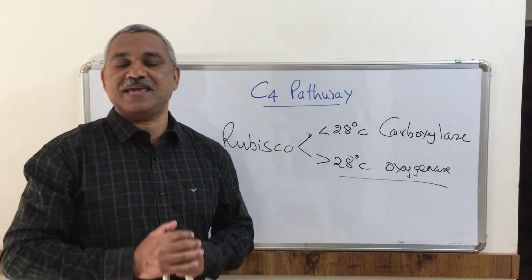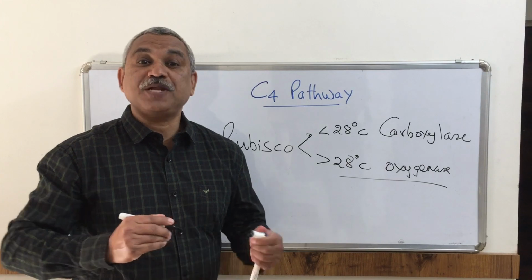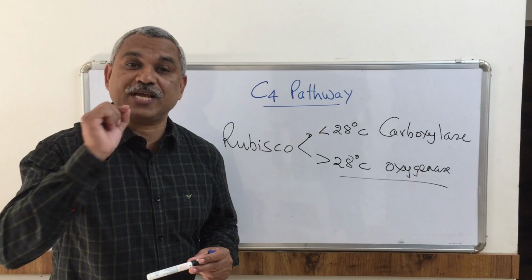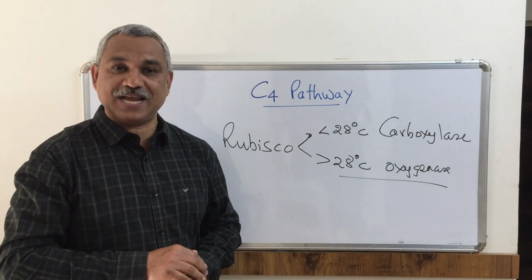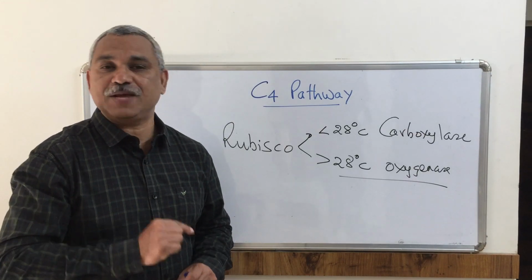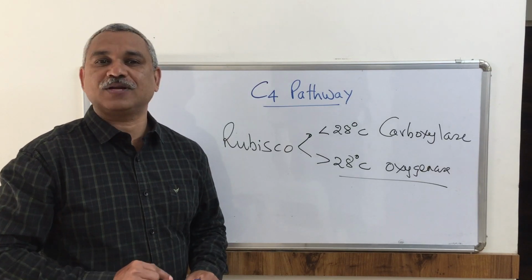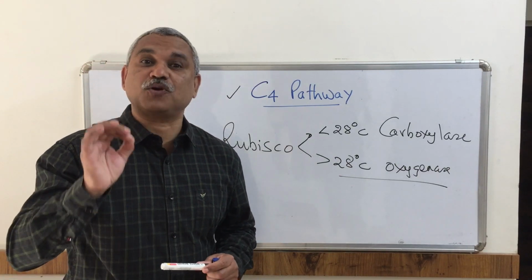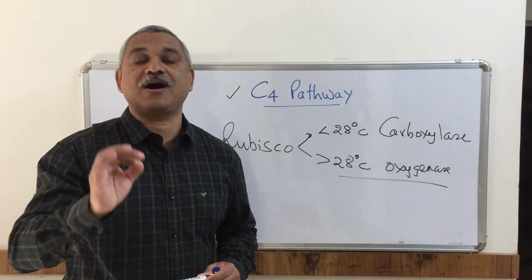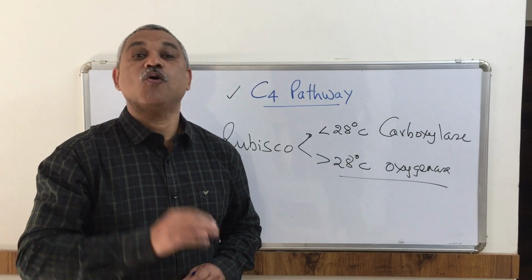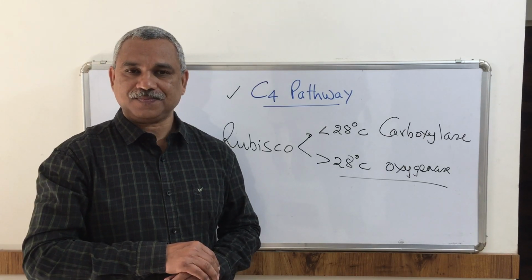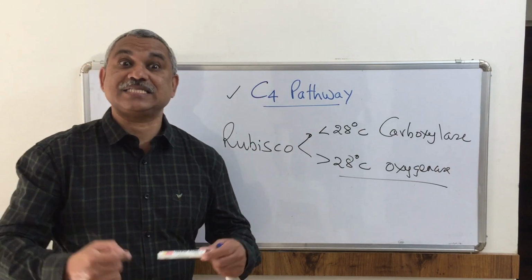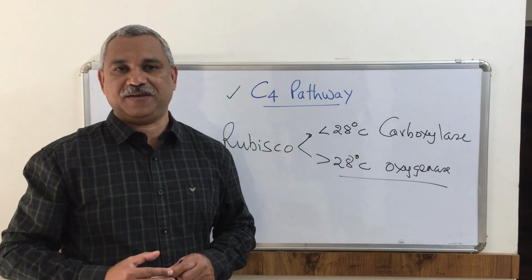What these plants have done is, instead of opting for a C3 pathway, C3 because the first product formed is 3-phosphoglycerate, they have opted for a C4 pathway, which means the first product formed will be a 4-carbon product, which is nothing but oxaloacetic acid. This video is about how a plant carries out the C4 pathway.